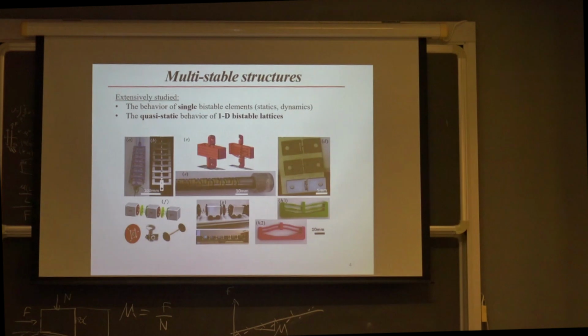Next, I want to talk about multistable structures. Those are examples of multistable structures in our group that we have studied: the quasi-static behavior of 1D bistable lattices and the behavior of a single element as well.